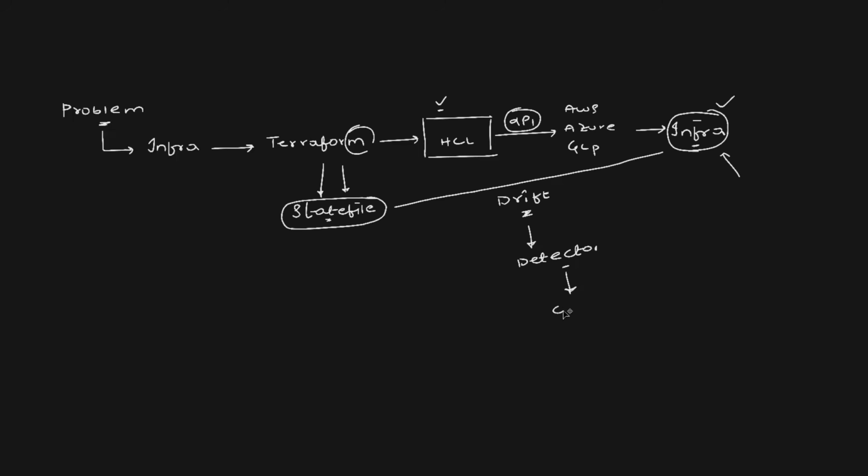This drift detector can be run as a cron job, maybe once in 60 minutes, once in a day, whatever is the organizational requirement. It identifies the drift and sends an email notification or shows the drift on the terminal so that DevOps engineers can immediately fix the drift, either by updating the state file manually or by reverting the infrastructure changes that were done manually. So this is the problem statement, and this is exactly what we are going to build, the Terraform drift detector.